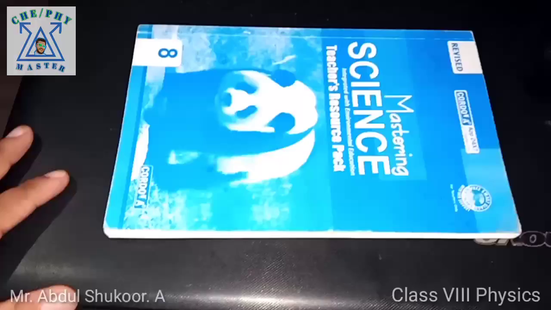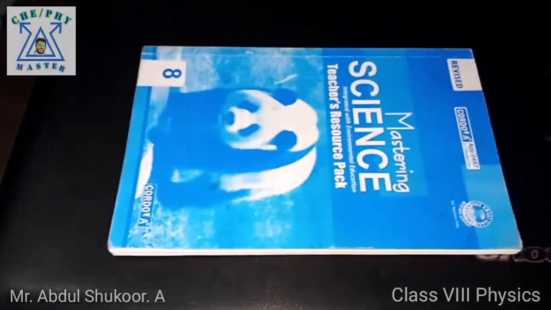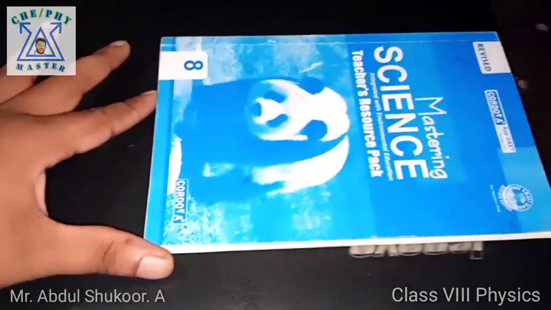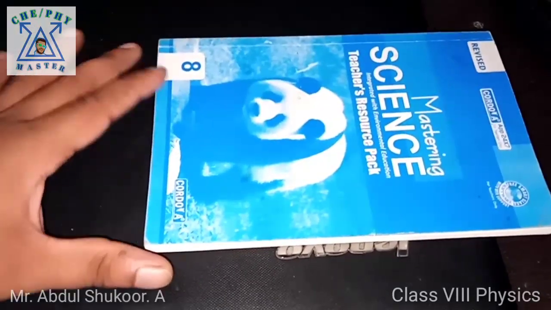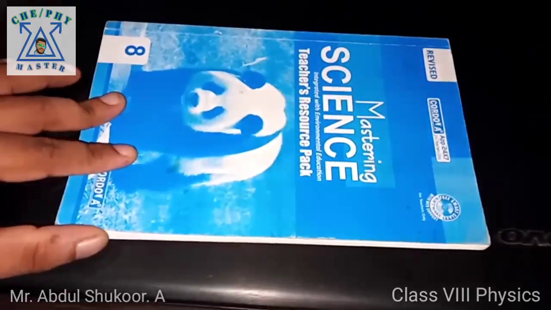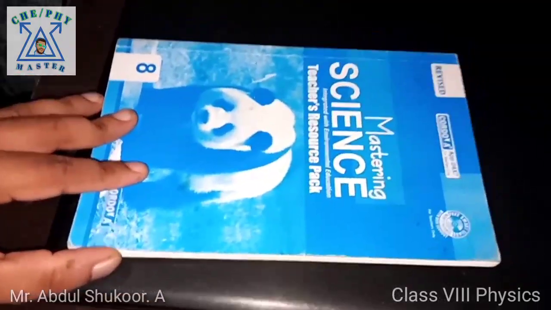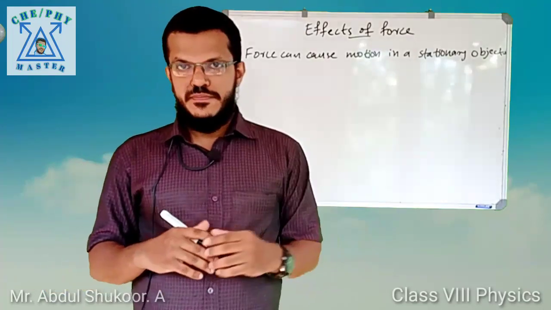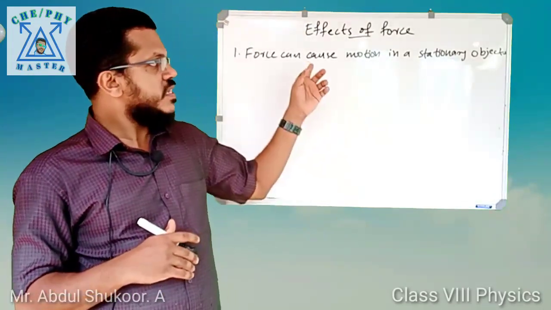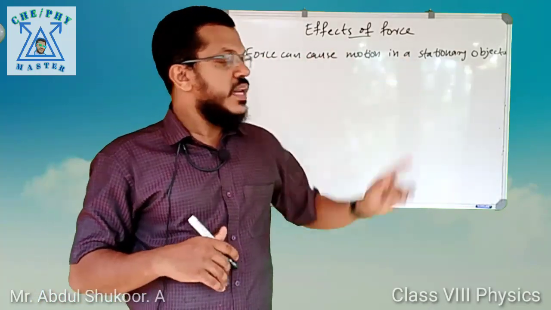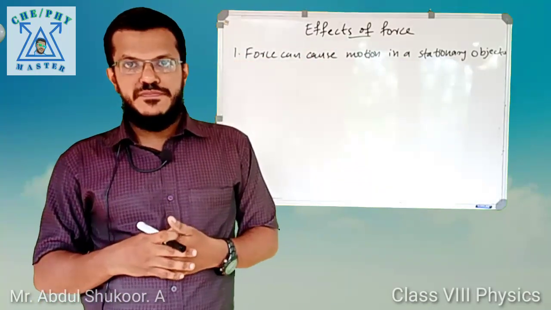At first, the book is stationary, that means it is at rest. If you apply a force on this book, it changes into motion. The state of the book changes from rest to motion. That is the example we have written here. Force can cause motion in a stationary object.